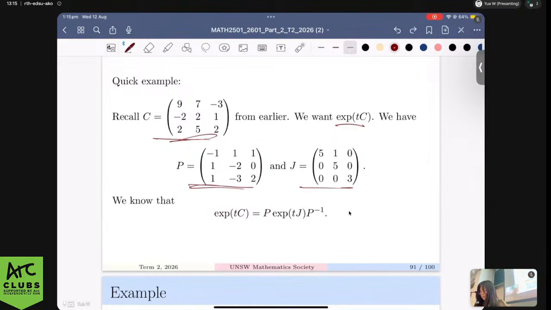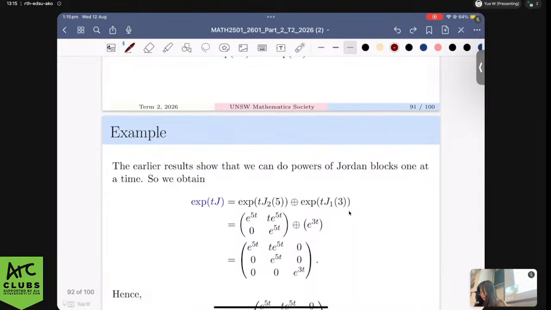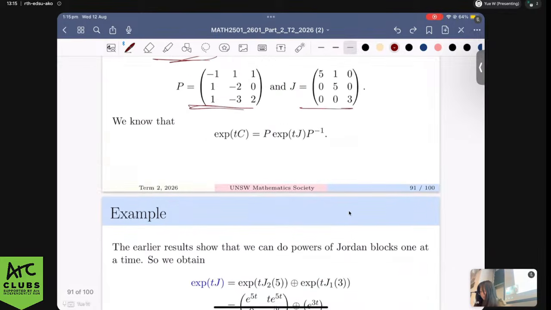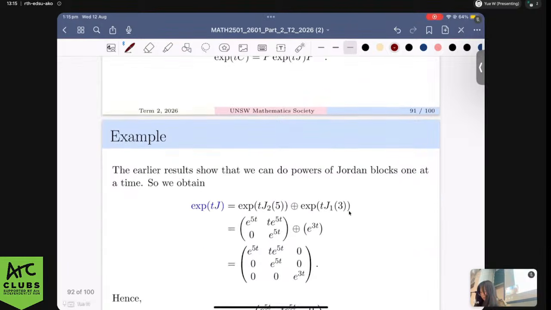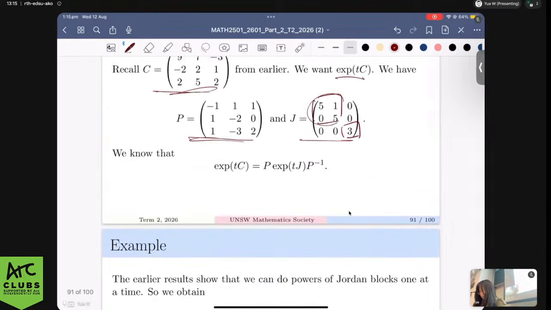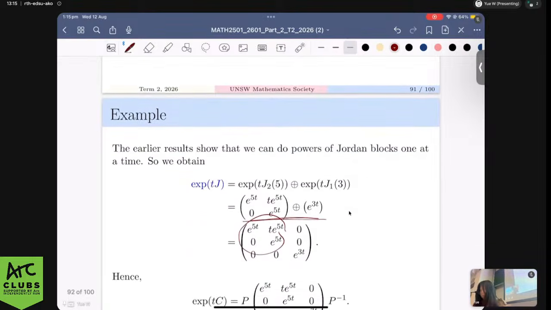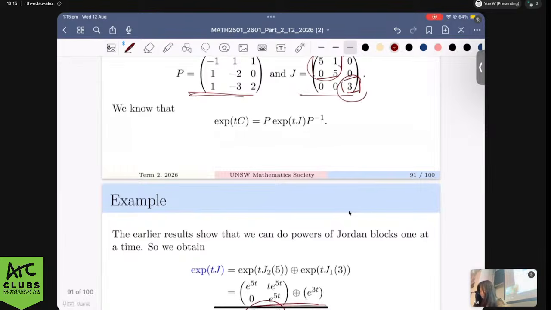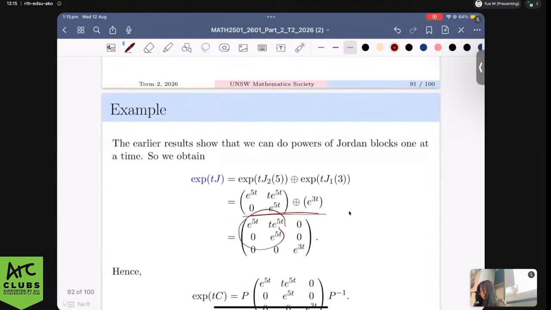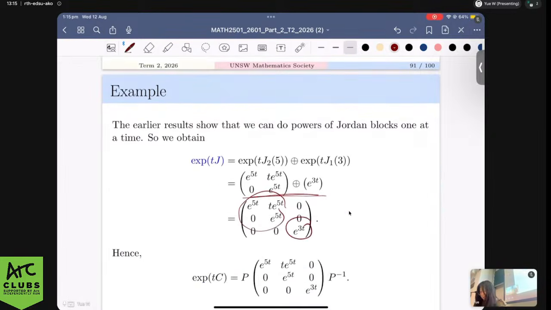So if you apply it to the thing in the middle, you can look at these two components separately. If you apply the exponential to this block here, you should be able to get this here. And then if you apply the exponential to this block here, you should be able to get this here.